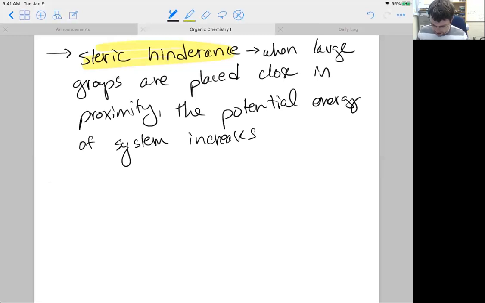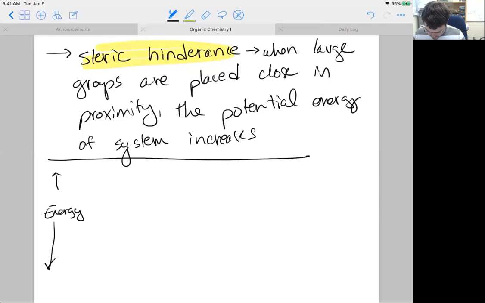So with this in mind, we have some energetics. If we have energy here, and we have high energy and low energy, the lowest energy state is going to be that state where the big groups are farther away, because when they're farther away, they're not crashing into each other.